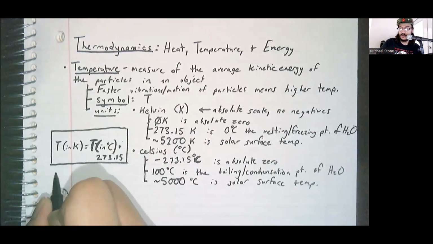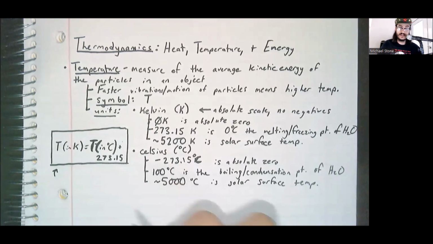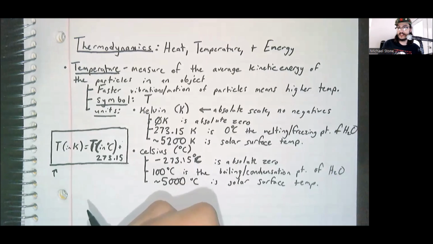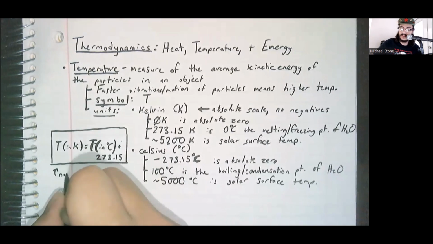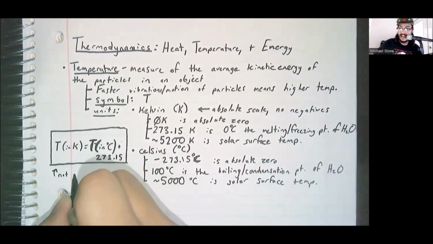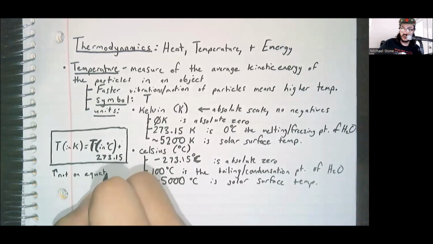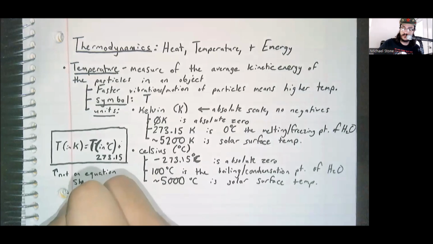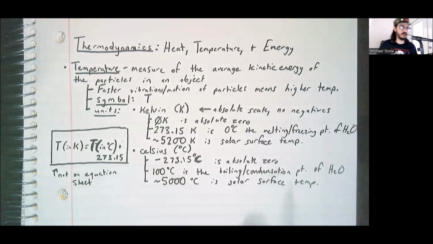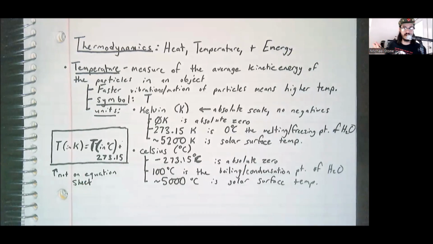But whatever you are going to use as your conversion, you've got to commit to it now because the conversion between Celsius and Kelvin is not on your equation sheet. I would just stick with 273.15. It's one of those things like, could you learn G to 8 sig figs?